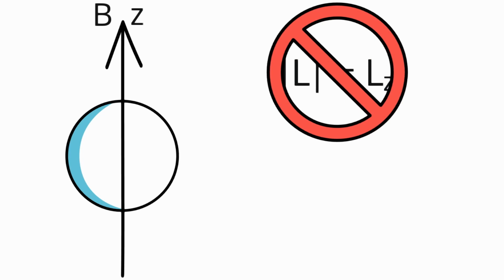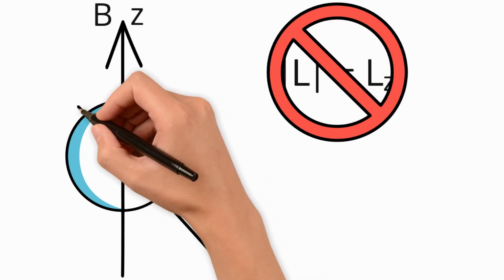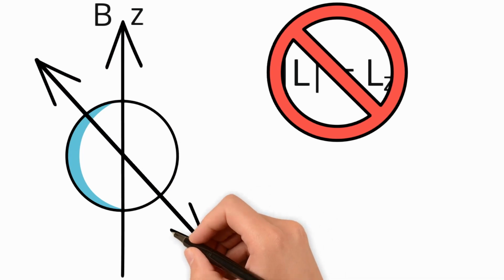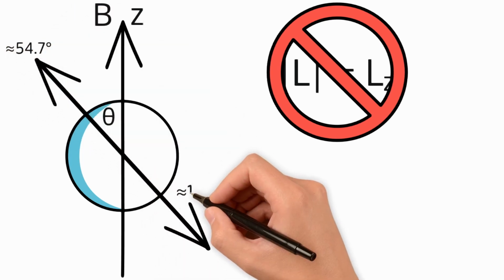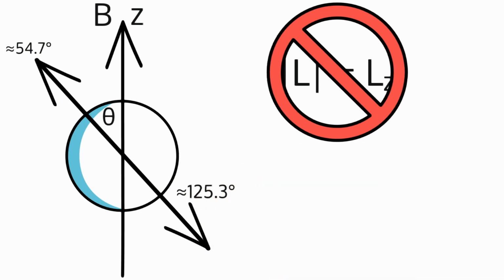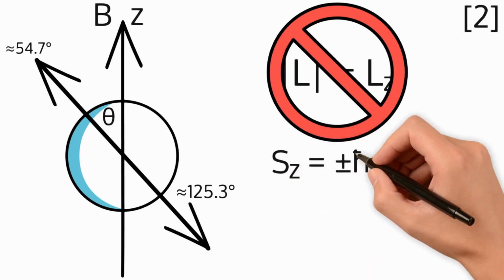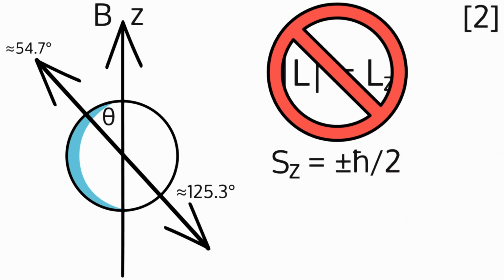In reality, quantum mechanics restricts protons even further by locking them into two states, one at around 54.7 degrees from B, and the other in the opposite direction to that. The reasoning for this, to put it succinctly, is that solving the Schrödinger equation for a spin-half particle with the non-zero potential energy from the magnetic field leads to the solution where the z component of the proton spin is plus or minus ħ/2, independent of time.